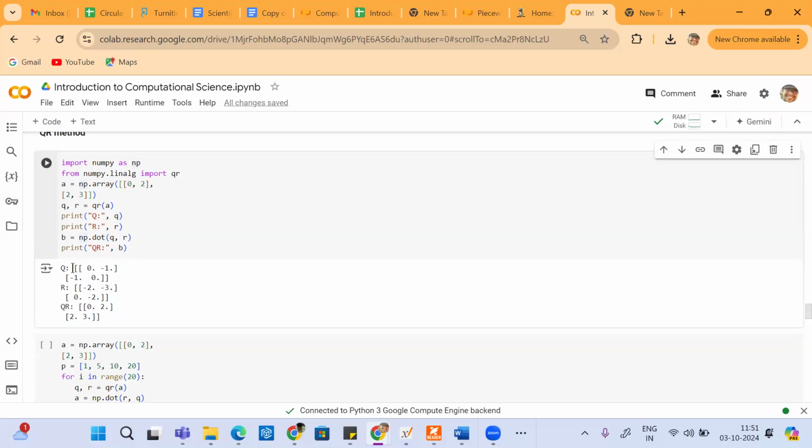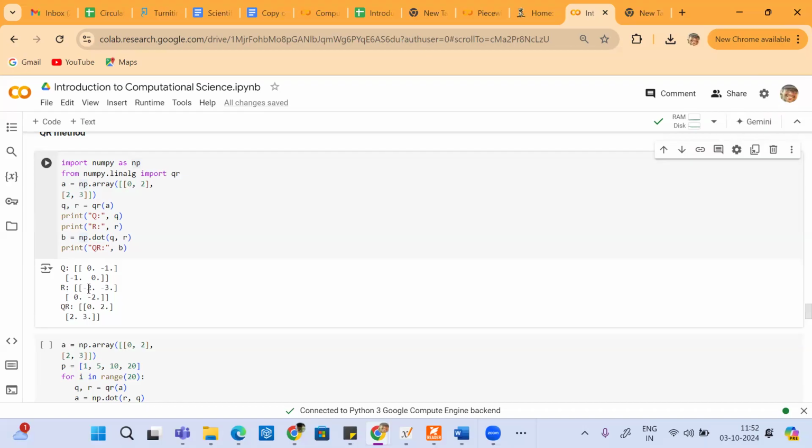For an orthogonal matrix, what you need to do? Take the dot product of any two rows. Dot product of the first row with the second row, it is coming 0, right? Take the dot product of the first column and the second column. It is coming 0, right? Yes. So it's an orthogonal matrix.